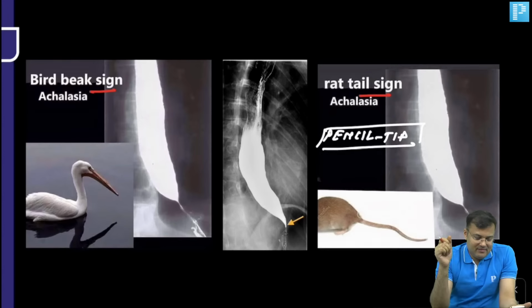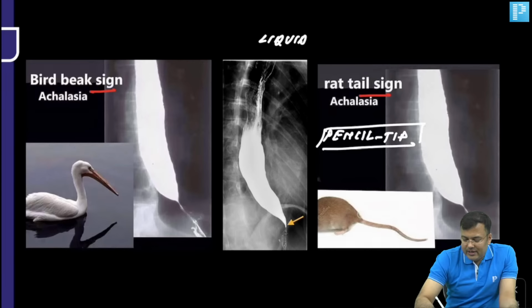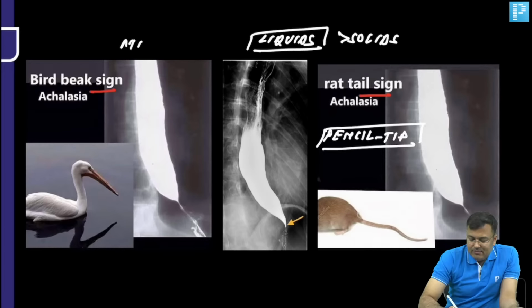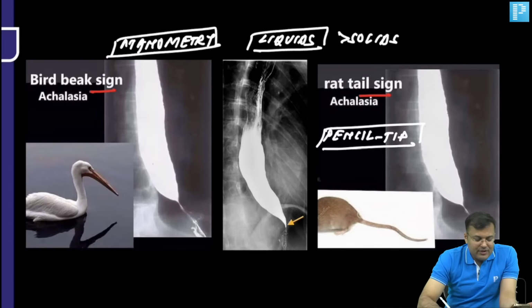In achalasia cardia, there is dysphagia more to liquids. Dysphagia more to liquids, this is the clue. Dysphagia mainly to liquids followed by solids. Investigation of choice for diagnosis is manometry, and all of you know what's the treatment of choice. Guys, what is the treatment of choice?